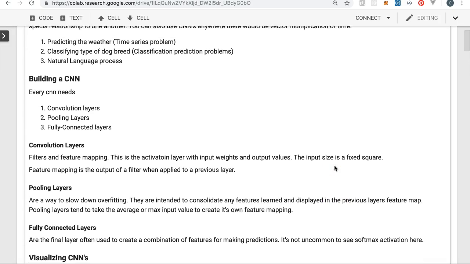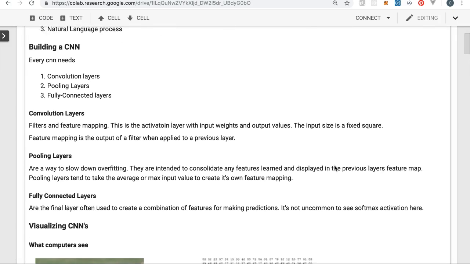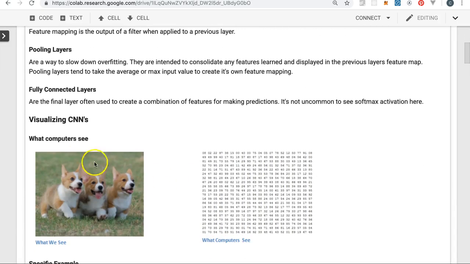So when you're looking for features, what really happens is you take this image, which is maybe labeled as a dog, and there's a box that goes around a series of these pixels, and then it's multiplied by some kind of feature that it's trying to find.